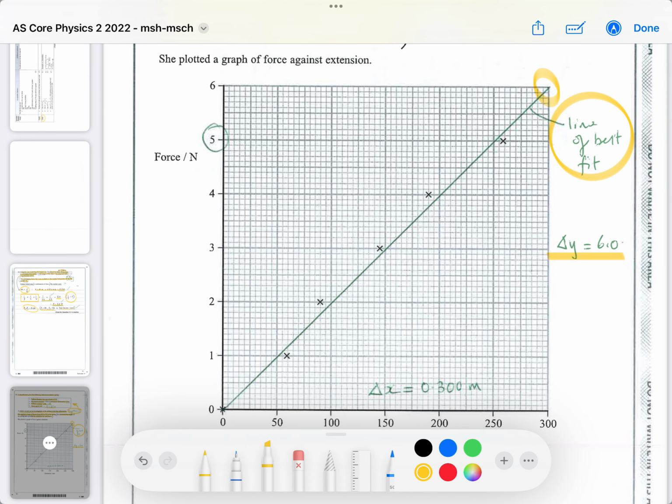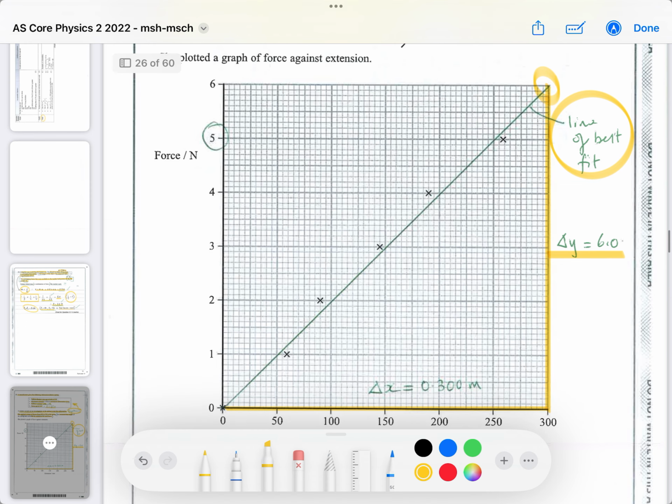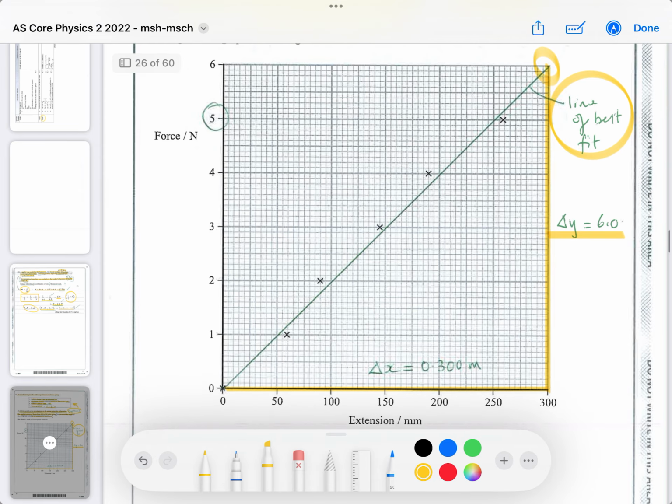I'm then using a large triangle. The large triangle along the x-axis uses 300 millimeters, and downwards the distance is the whole full width and height of the graph paper. A large triangle is one of the things that they look for on the mark scheme.